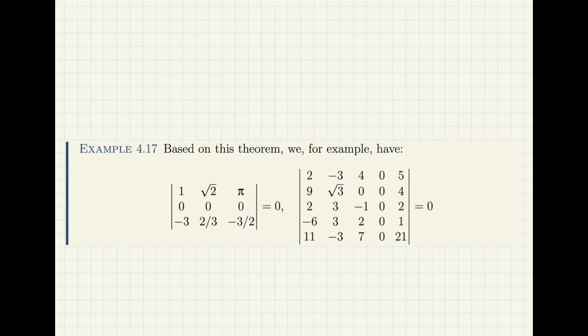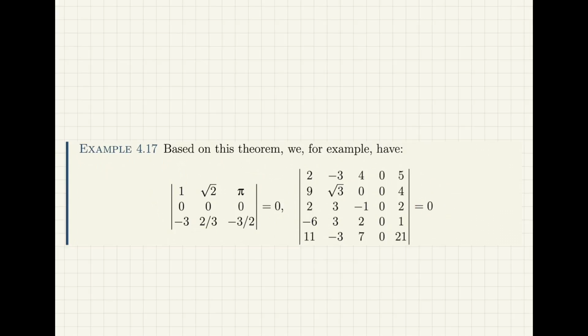And for example, this 5 by 5 determinant, in principle, if you want to calculate it using the definition, you have 5 factorial elementary products, which is 120 terms. But you immediately see that you have a 0 column, a column whose entries are all 0. You don't need to calculate anything at all. By this theorem, the answer is 0.